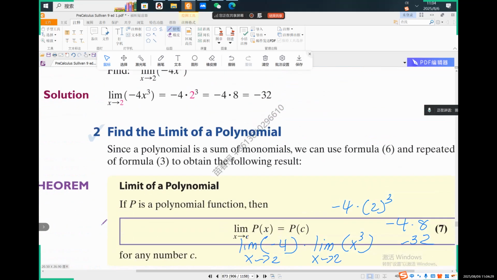And now we introduce a x to the n-th power. Now we have a polynomial function, which can also be done by substitution, basically. Still, substitution is working. So if it's a polynomial, then we just substitute it in.